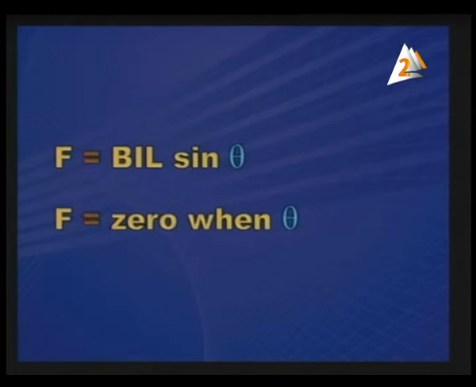Force equals 0 when theta is, of course, 0. Let me remind you that B is the magnetic flux density which produces the force on the wire, I is the current through the wire, L is the length of the wire, and theta is the angle between the field and the wire. So when the angle is 0, when the wire is placed parallel, the force will be equal to 0.